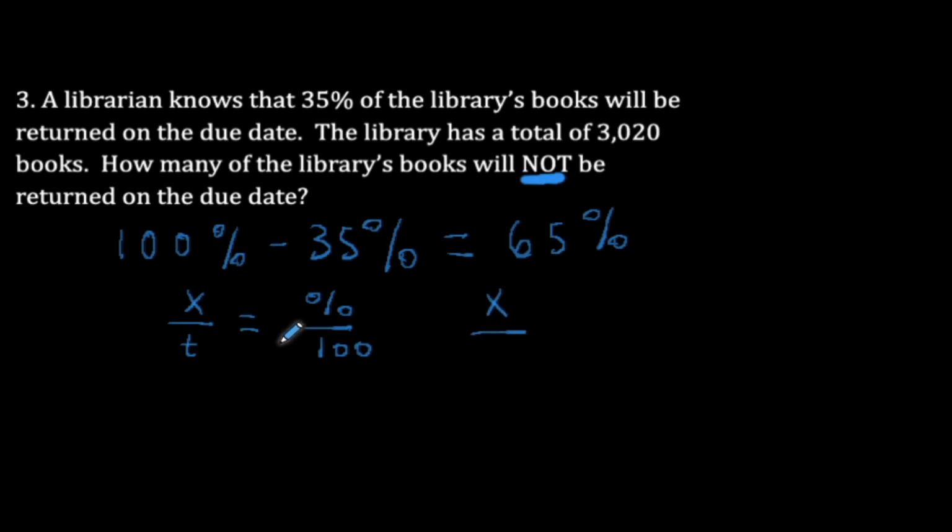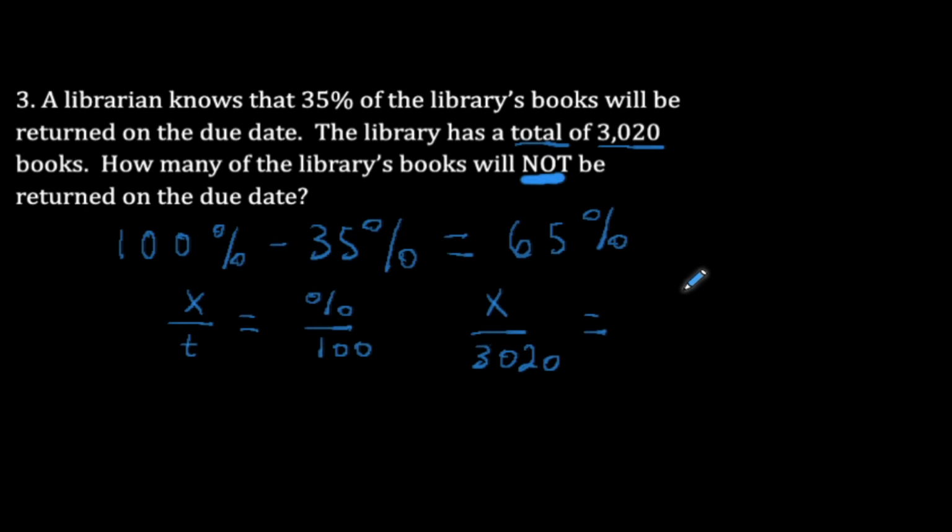And then T is for total. So we know that the library has a total of 3,020 books as mentioned here. So we'll place 3,020. Oops, I'm putting a $ sign when it should just be 3,020. So that's 3,020. And this is equal to percent over 100.